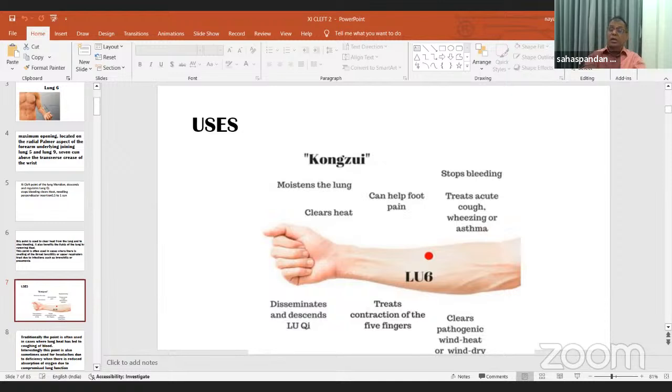It is because bleeding piles are a dysfunction in the large intestine. So lung is the paired organ of the large intestine. Lung and large intestine are paired organs. Understood? Is it clear?